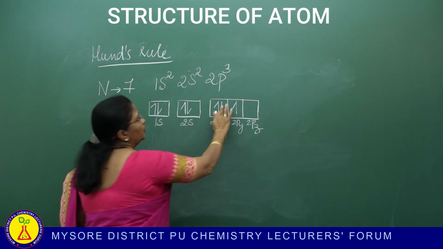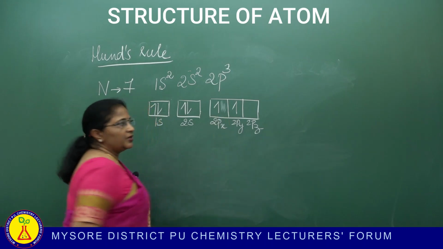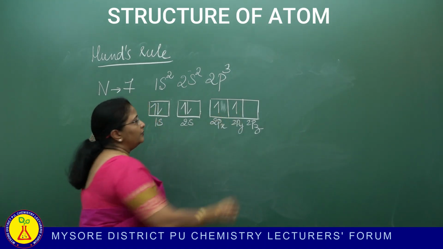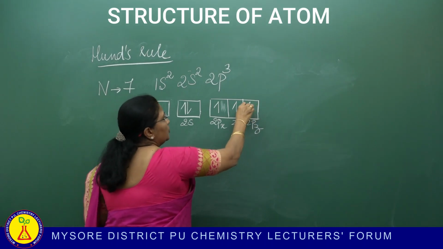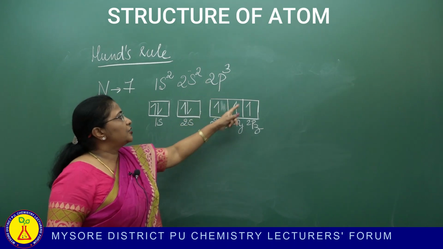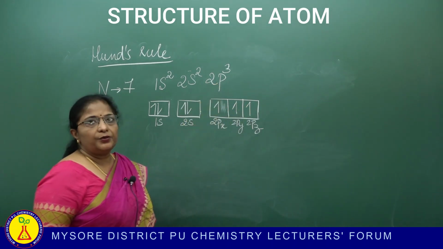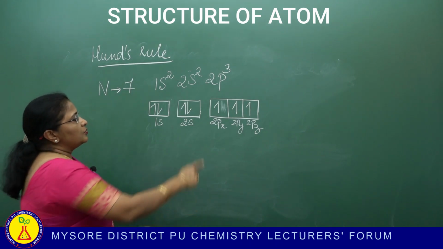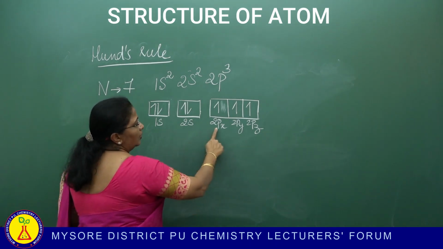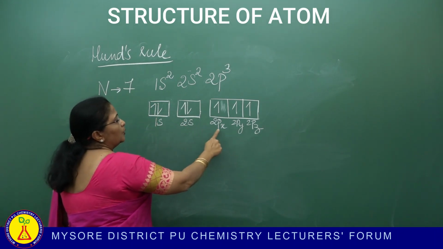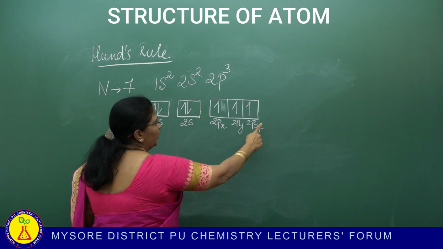According to Hund's rule of maximum multiplicity, each of these orbitals must have a single electron. So I fill each of the orbitals with a single electron. So the electronic configuration of nitrogen is 1s2, 2s2, 2px1, 2py1, and 2pz1.